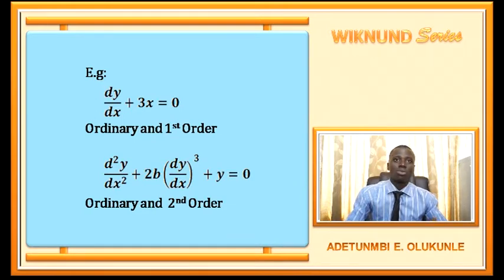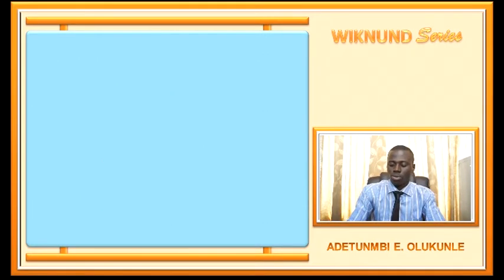So the higher of the two is d2y/dx squared. So we conclude that this ordinary differential equation is of the second order, or order 2. So this is how you check the order of a differential equation.